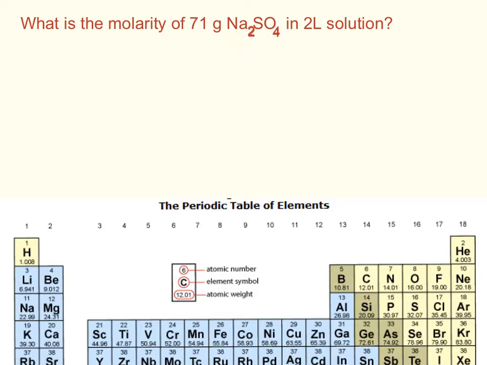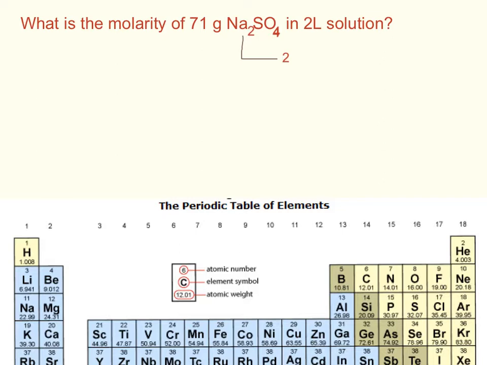Remember, if there's a lowercase letter next to it, it's a single type of atom. In this case, it's sodium. Whereas if we have 2 capital letters next to each other, it's 2 separate atoms, sulfur and oxygen. So we have 3 atoms. We have 2 atoms of sodium.